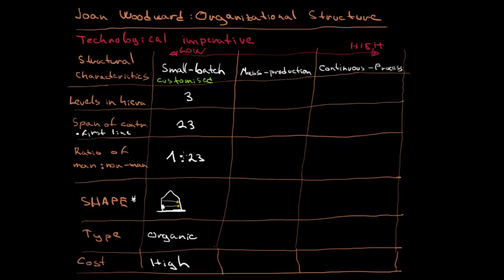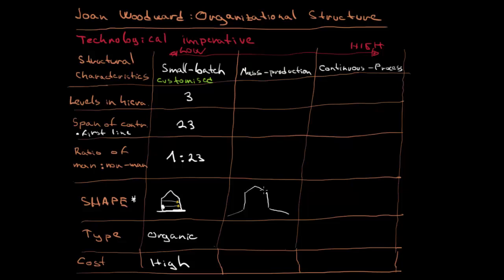So we can move to mass production technology. Now imagine any kind of factory that is maybe creating my favorite, sparkling water. They are going to have a lot of production line workers, so the lowest level will be very wide. So we can draw it this way. Then there are going to be some managers who are controlling the work, and finally there will be corporate managers and top level managers.